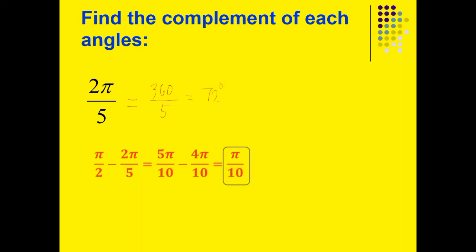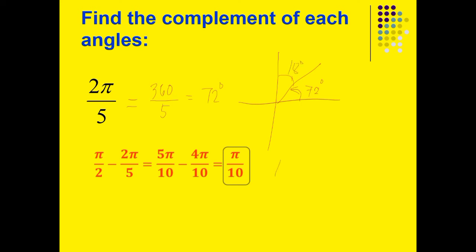The 72 degrees falls in the first quadrant, so for the complement, this is 72 degrees, or you can say 2 pi over 5. We have 90 minus 72, and that is 18 degrees.